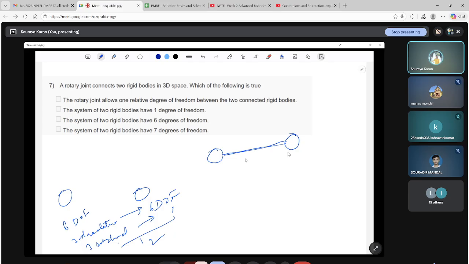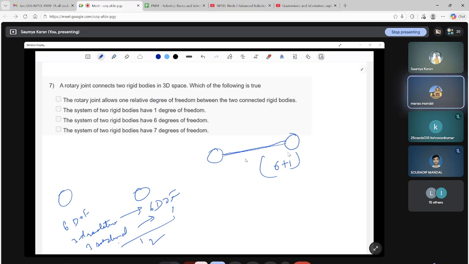Seven is the correct answer, but why? Why don't we have 12? How did we come to 7 from 12? Well, there are 5 constraints. So 12 minus 5 constraints in this case. That is correct. Perfect. Very good.